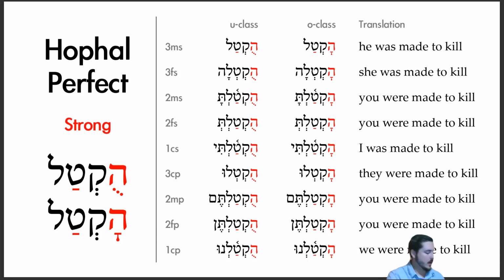Okay. So I told you way back, comment 1 on page 100 of Martin's book. This is the hophal perfect. It's characterized by a prefix, hey, qamets. Note that the qamets is actually qamets qatuf, which is a short o.